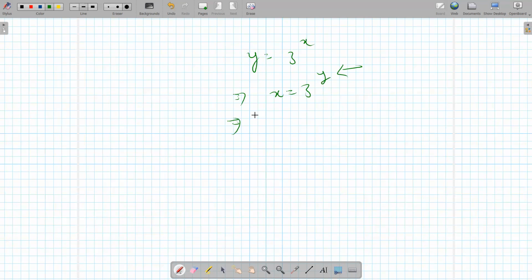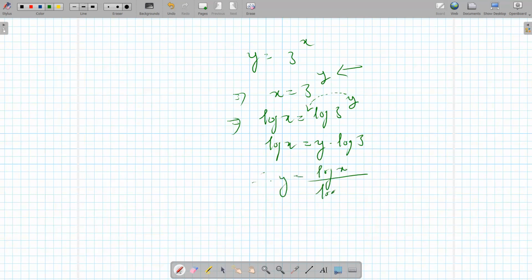You want to take logs. Look at this: the log of x equals log of 3 to the power of y. Why are we taking logs? Well, it's because we are allowed to bring the y down. So it becomes y times log 3 equals log x. So therefore, y is going to be log x over log 3.